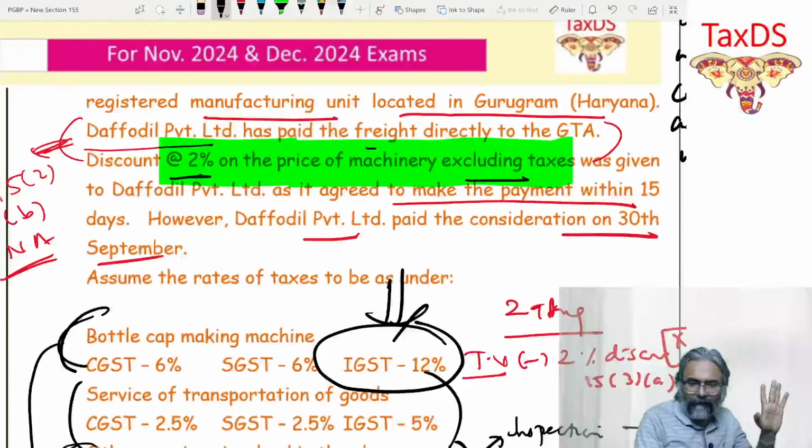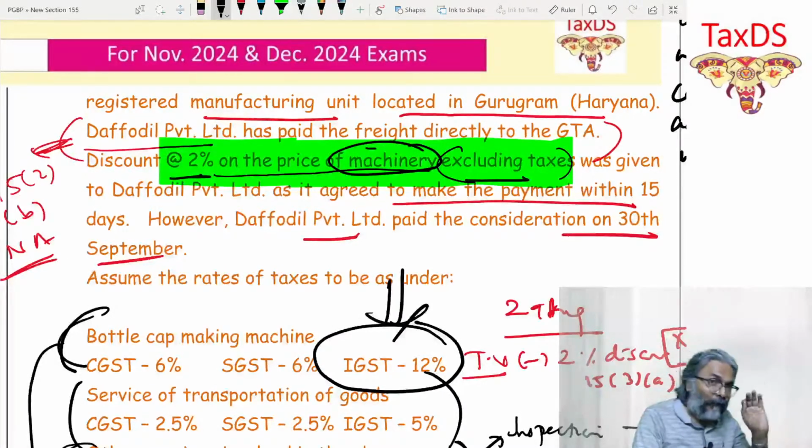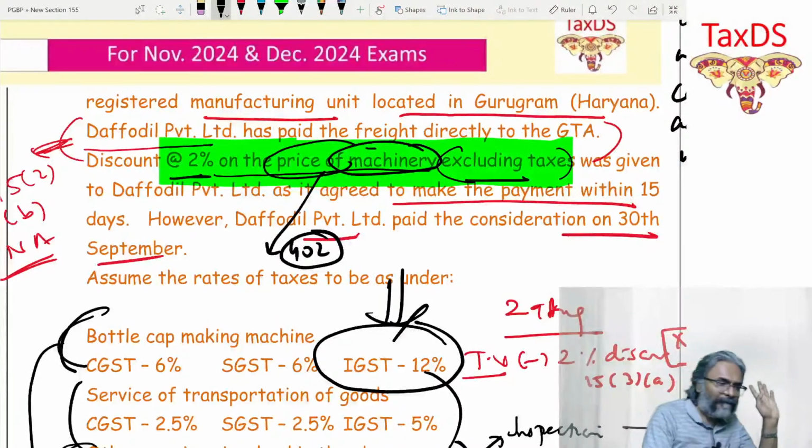The 2% of the price of the machine, excluding taxes. Now, be careful when you are writing about the price of the machine, whether the price of the machine is 40 lakhs, which is quoted in the market.